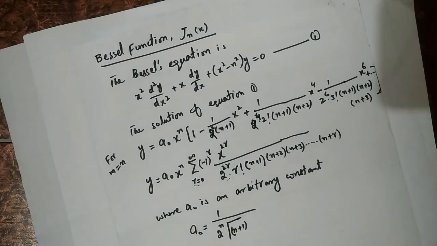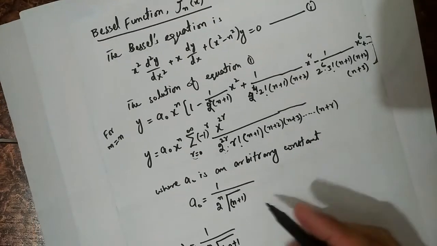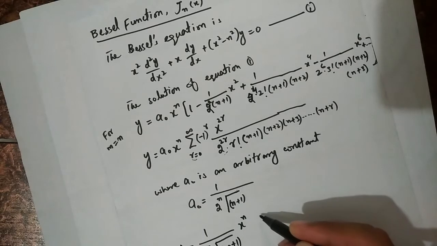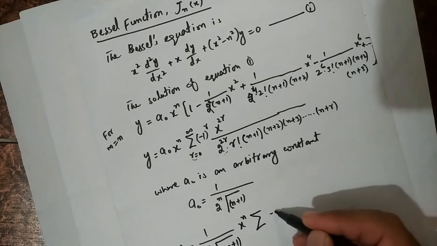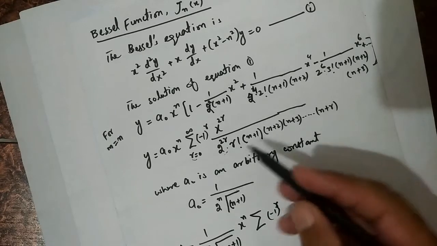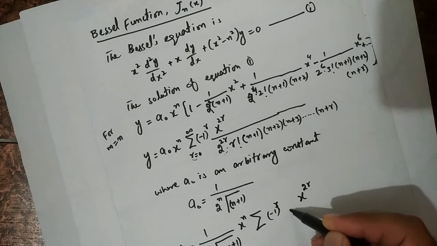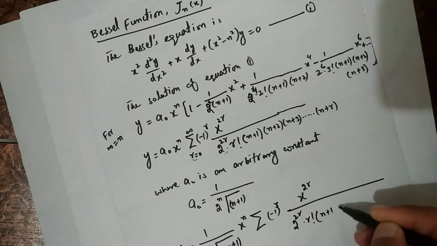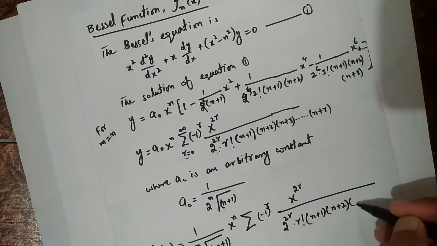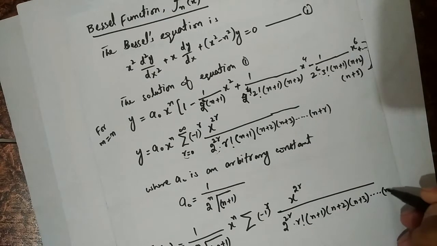So now I am going to represent it by Jn x, and it will become 1 upon 2 to the power n into gamma n plus 1 into x to the power n, and summation minus 1 to the power r, and this will become x to the power 2r divided by 2 to the power 2r into r factorial into n plus 1 times n plus 2 times n plus 3 and so on up to n plus r.